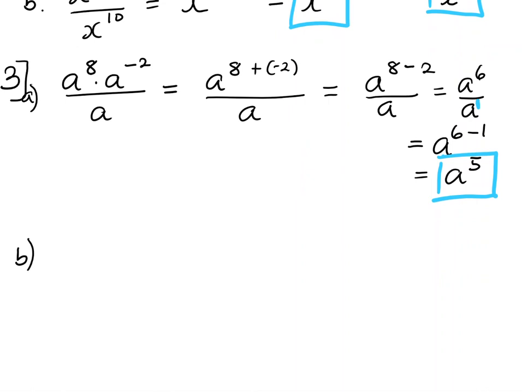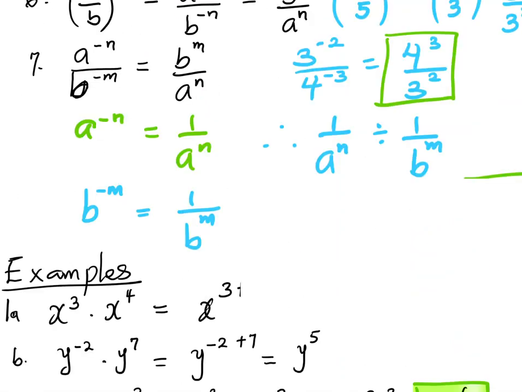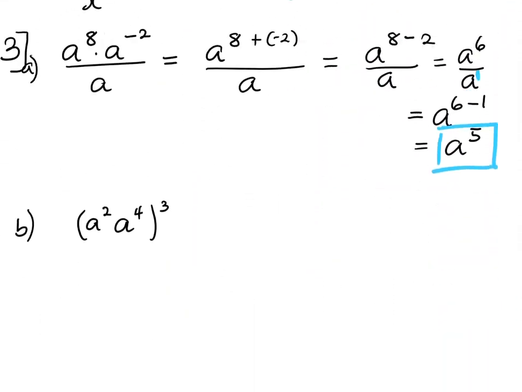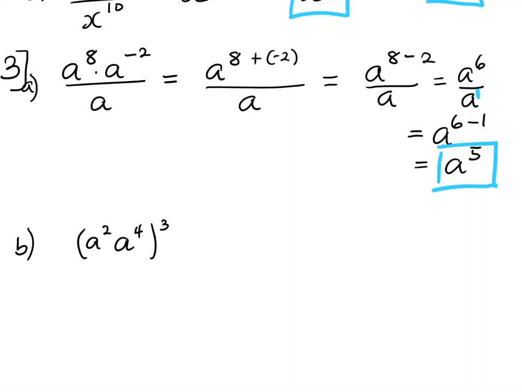So suppose we have a problem like this: a raised to power of 2 times a raised to power of 4, then everything raised to power of 3. Again, we will see two laws coming into play here. First, we have the same base inside this. So you may say, oh, can I just apply rule number 4 first? Well, whichever way you go, you are still going to get your answer. But since I have the same base here, I can first apply rule number 1 to make my work simple.